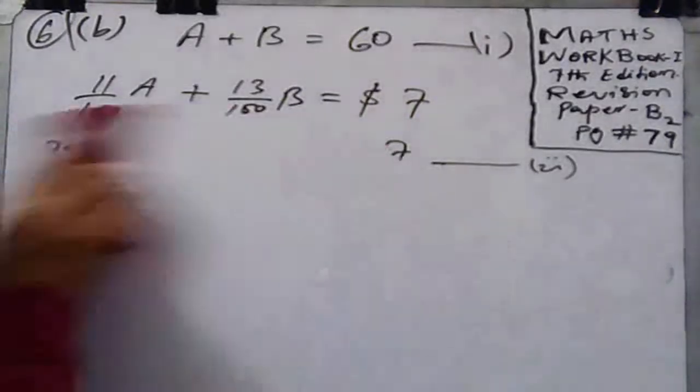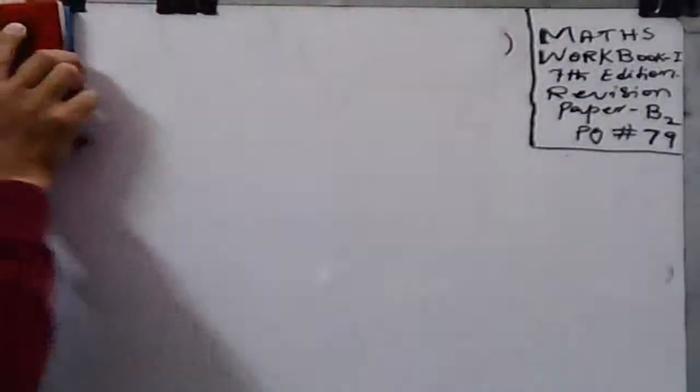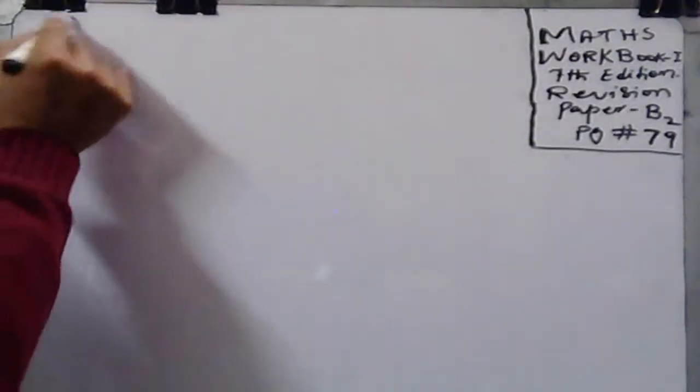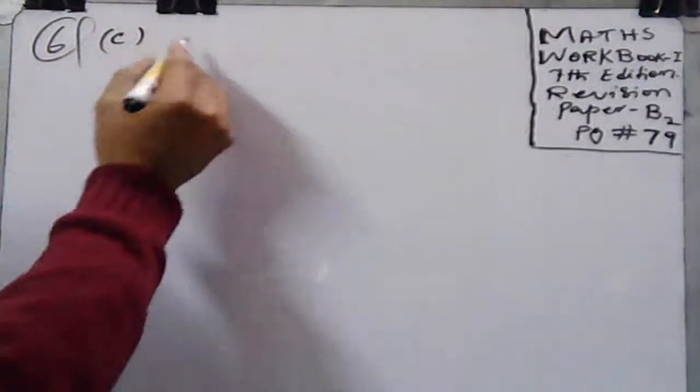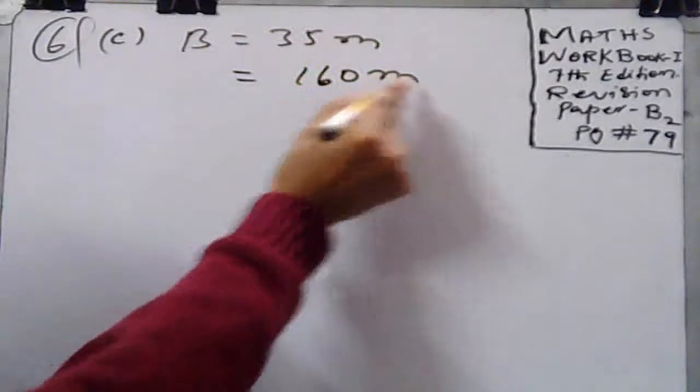Now coming to the C part, it's a very difficult question for students, at the lower grades, 7th, 8th, 9th, 10th, O level. Anyhow, I am trying to simplify it. In the C part, the breadth is 35 meters and the perimeter is 160 meters, and we have to find its length.